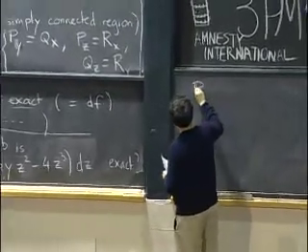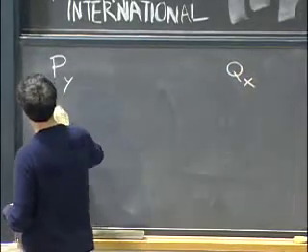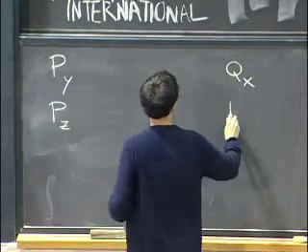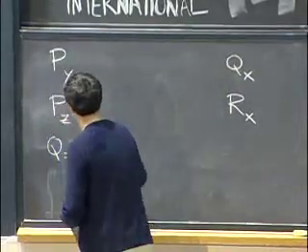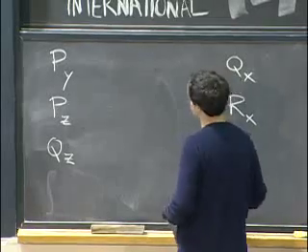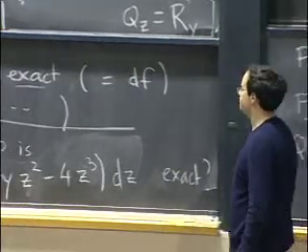We want to compare P sub y with Q sub x. We want to compare P sub z with R sub x, and we want to compare Q sub z with R sub y, where we call P, Q, and R these guys.